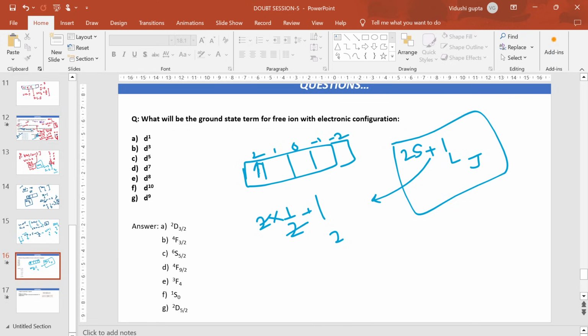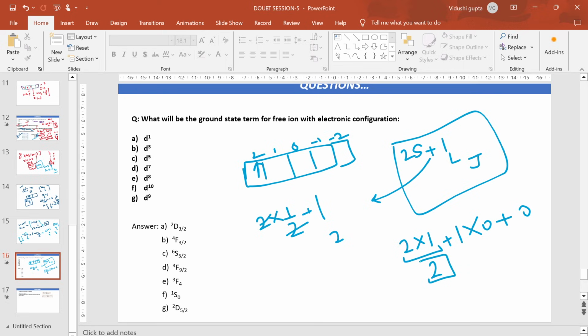Only one electron is in 2, so write 2 times 1 electron. The others, 1, 0, minus 1 and minus 2, have 0 electrons. So it will be 2 into 1, that is 2.